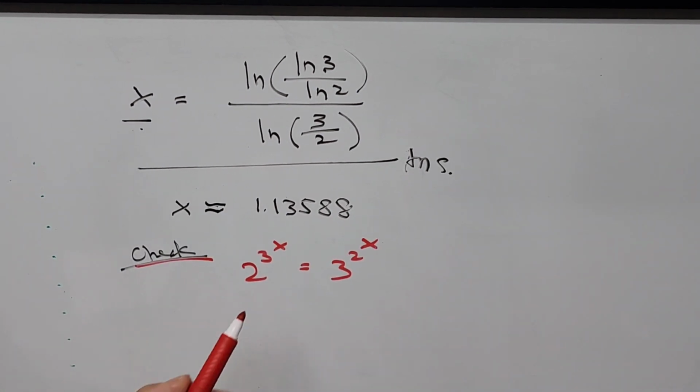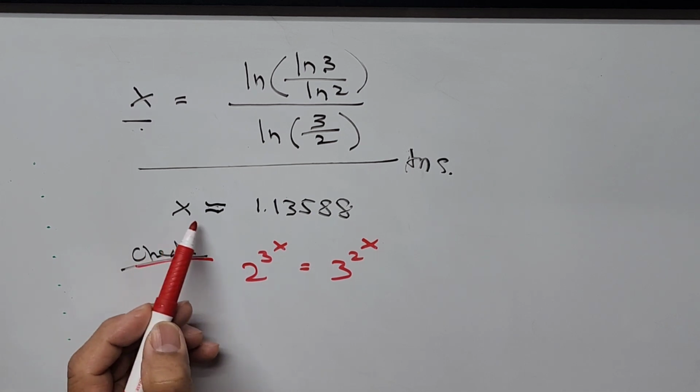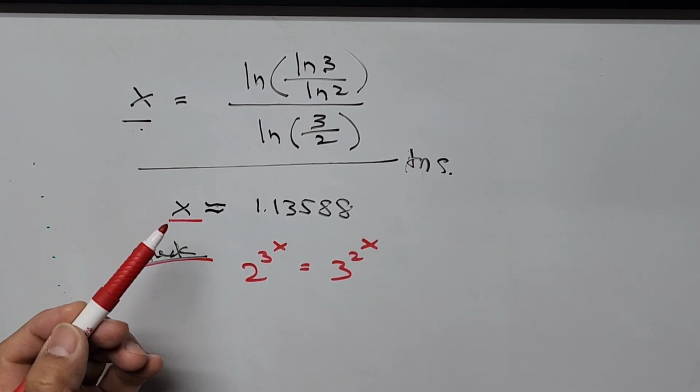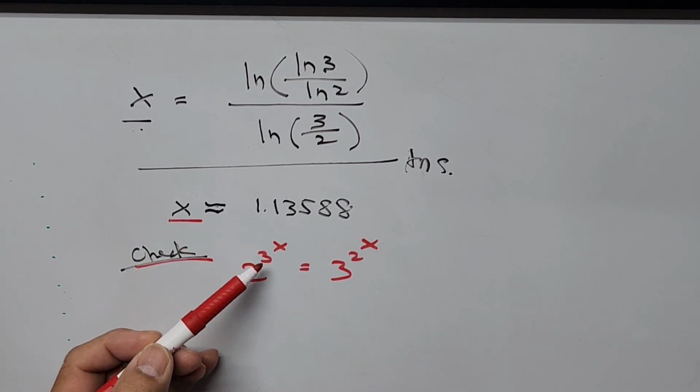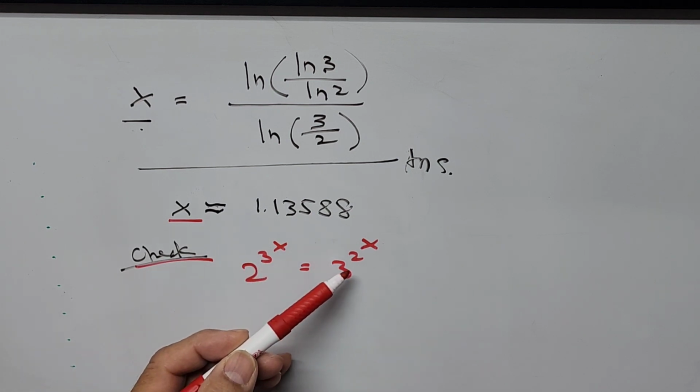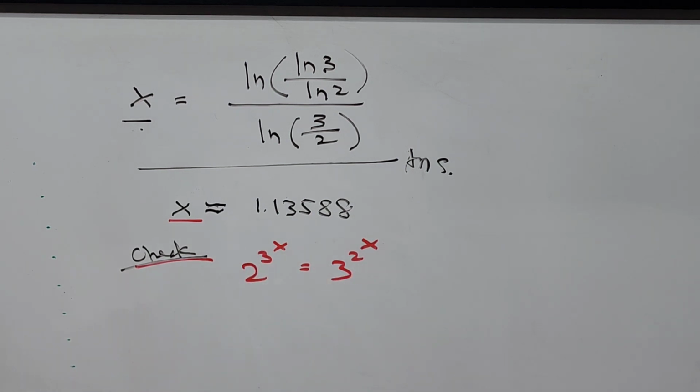Now we're checking our answer and plugging in the value of x into the original equation: 2 to the power of 3 to the power of x equals 3 to the power of 2 to the power of x. On the left hand side, we now evaluate.